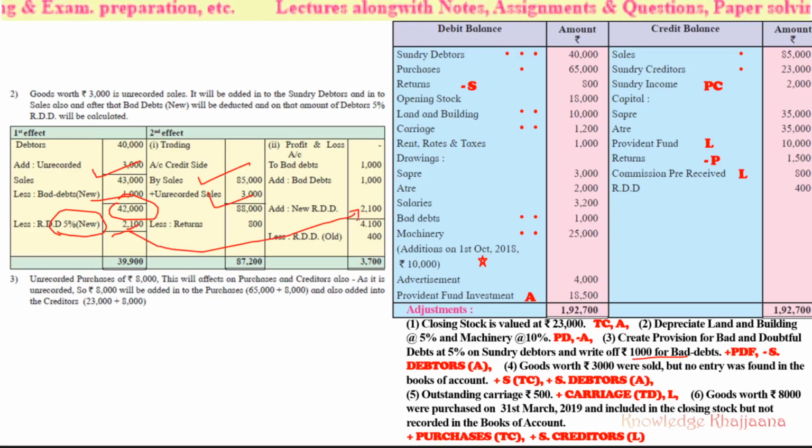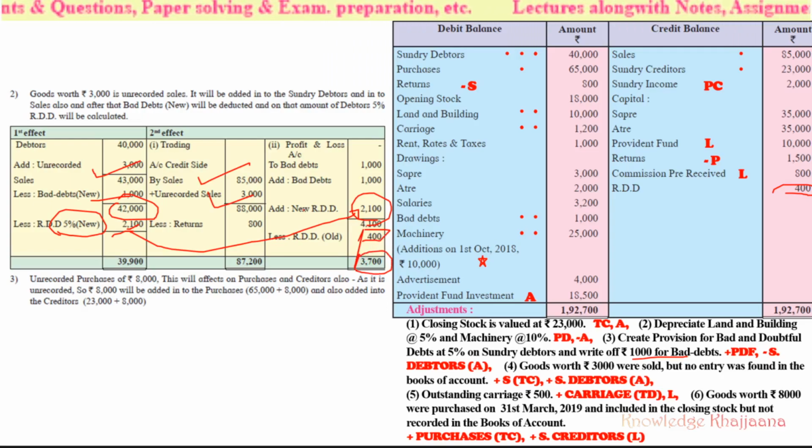That's why I told you, before arriving to the net profit, we have to wait for this calculation of the new RDD, because that is the percentage RDD which is calculated on the debtors, and debtors are calculated on the asset side. So the old RDD which is given rupees 4,000, we have to deduct from here. So this is the value of the RDD and bad debts on the profit and loss account debit side.